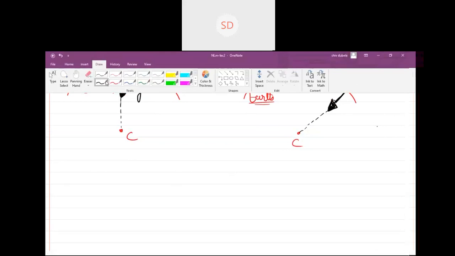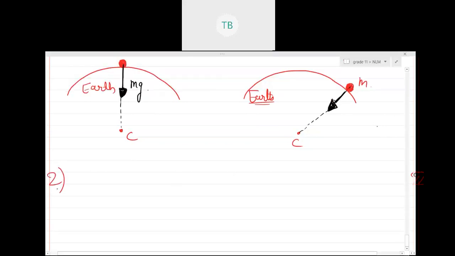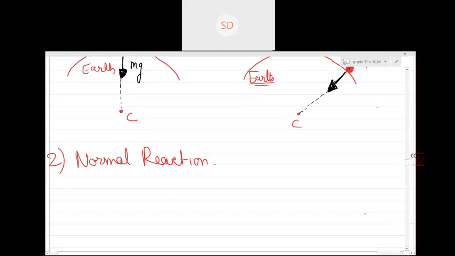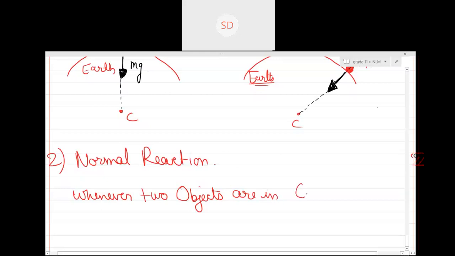Yes, sir. Now let's talk about how to draw another force, which is called the normal reaction. What is normal reaction? See, whenever two objects are in contact with each other, suppose A and B were in contact.